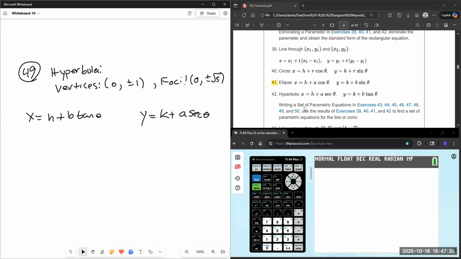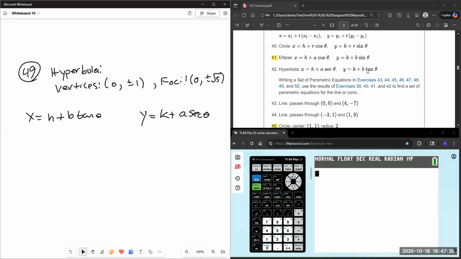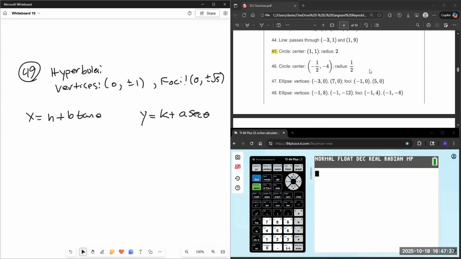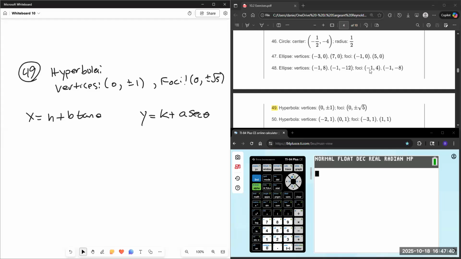Just a little bit of an adjustment from what we saw here with the hyperbola set up for 42, which had the hyperbola pieces opening left and right.